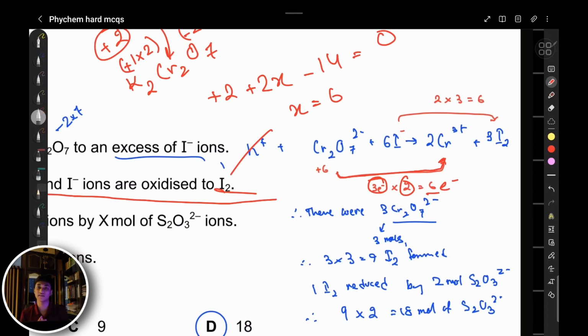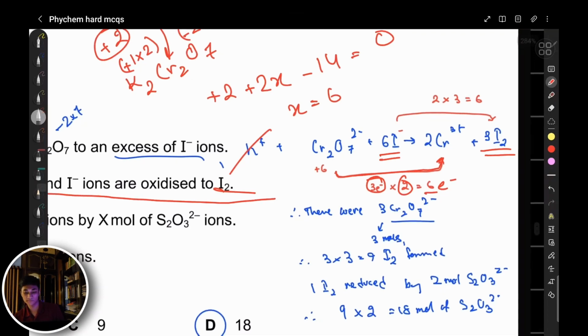So how many iodide ions do you need? 6 iodide ions. So in return, you're going to be left with 3 moles of iodine molecules to balance iodine. So you have balanced the entire equation now.